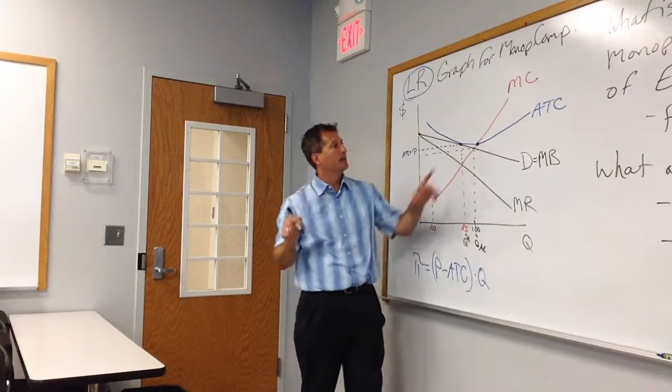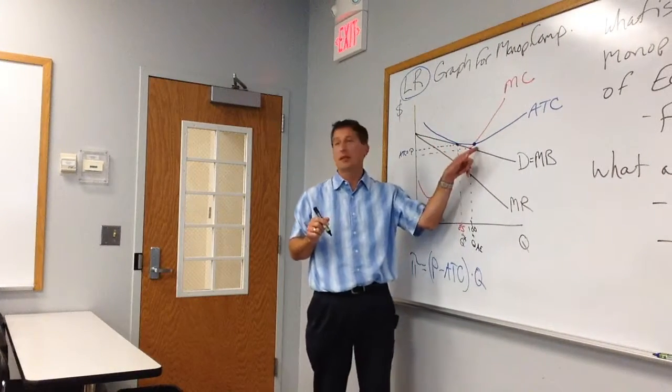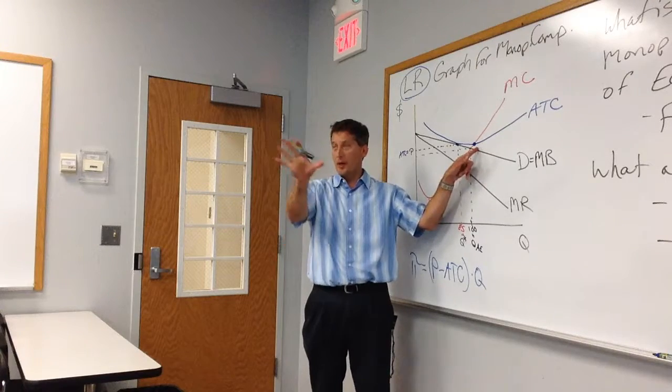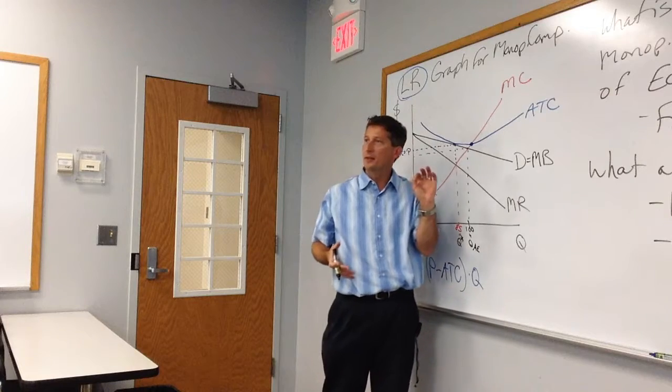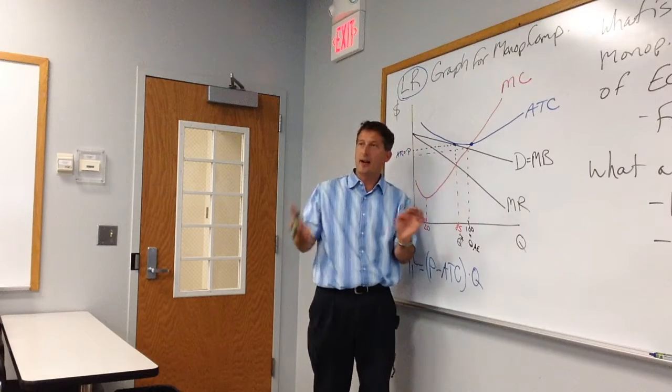Yes, and why? What is happening at that intersection? So that's the correct interpretation looking at the graph, but there was a little bit more detail. Minimum. It's at the minimum of the average total cost curve.